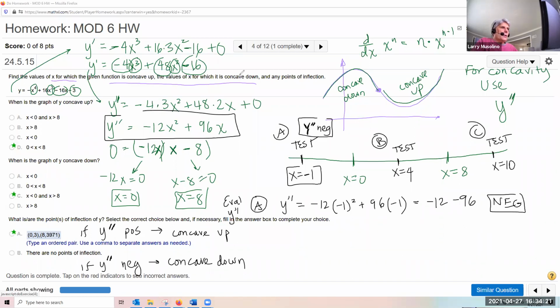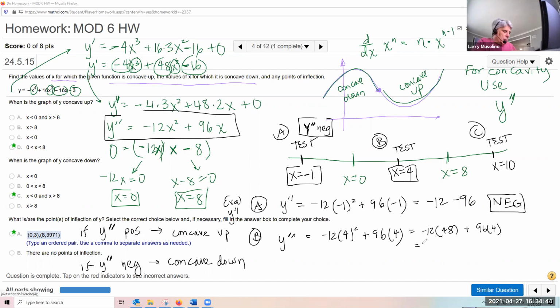Okay, let's go to interval B. Now I'm going to evaluate the second derivative at x equal 4. So this is going to be -12 times 4 squared plus 96 times 4. What's that? -12 times 48 plus 96 times 4.